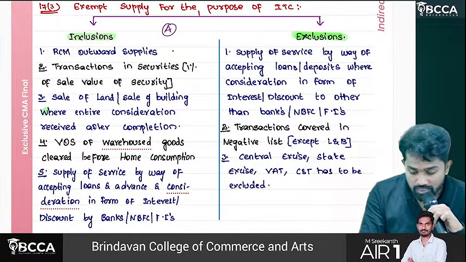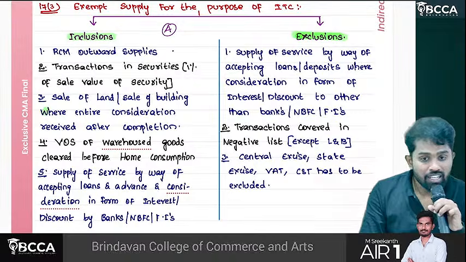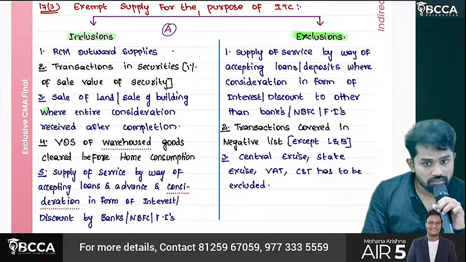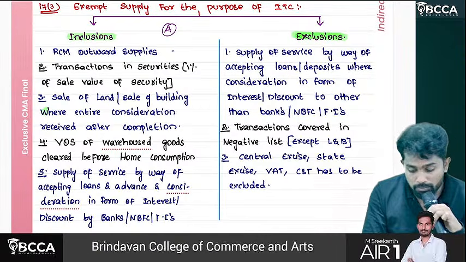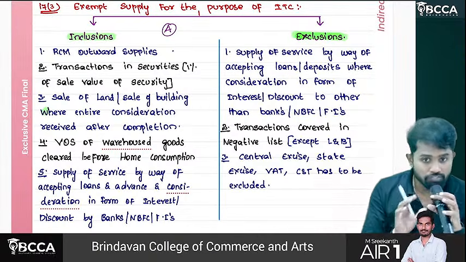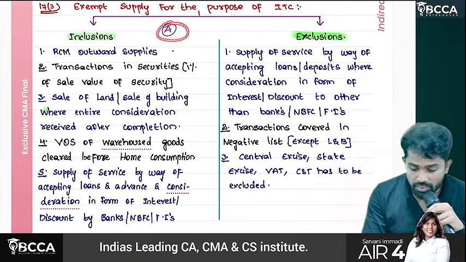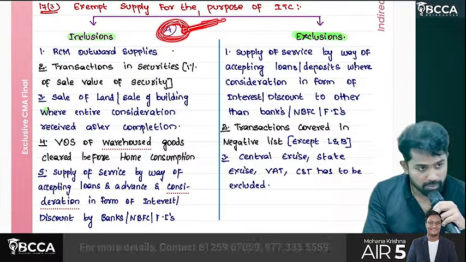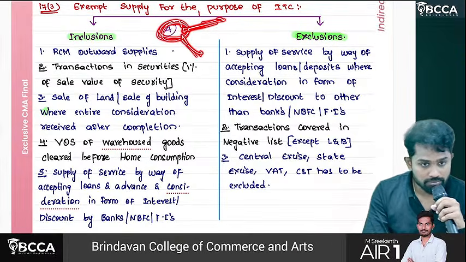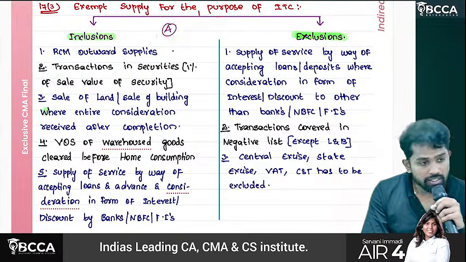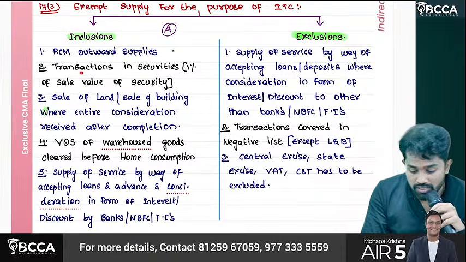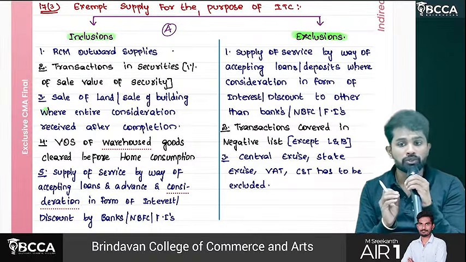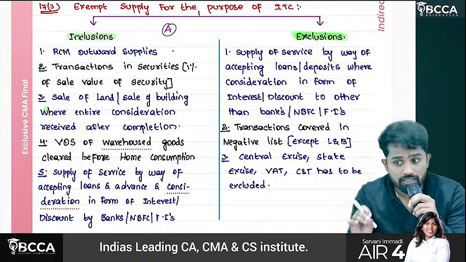Next one, transactions in securities. Actually, securities are neither goods nor services. But for the purpose of this definition, if this A does business, let's say he is a cost accountant, does tax practice and even share trading, then even transactions in securities, however many transactions he does, also are to be included in his exempted turnover.